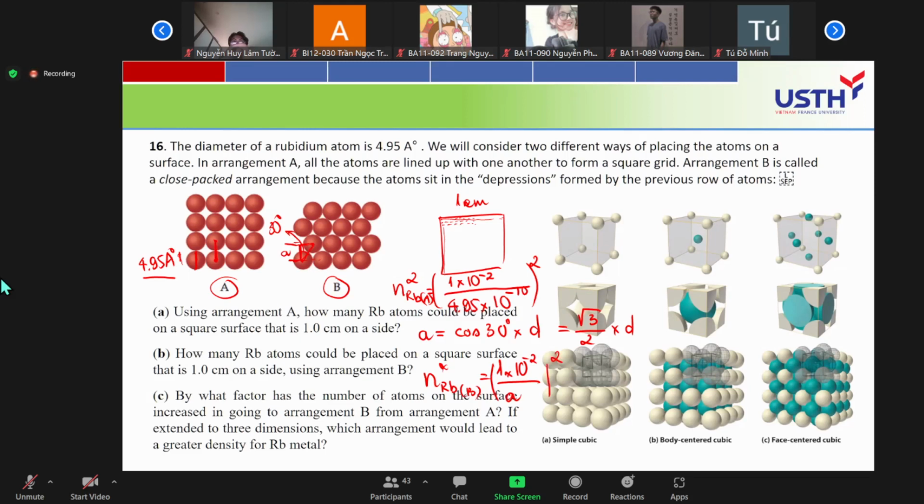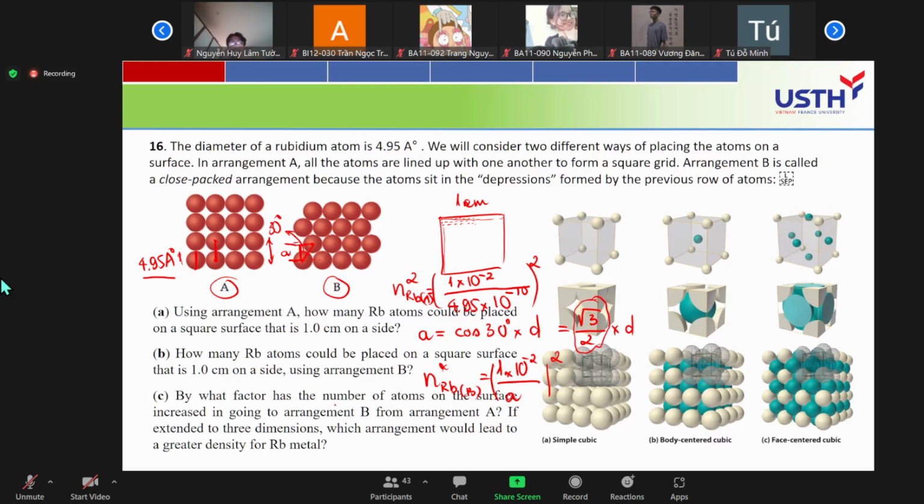Now you see, the ratio between the distance of two layers in the first case and the second case is a factor of square root of 3 over 2.